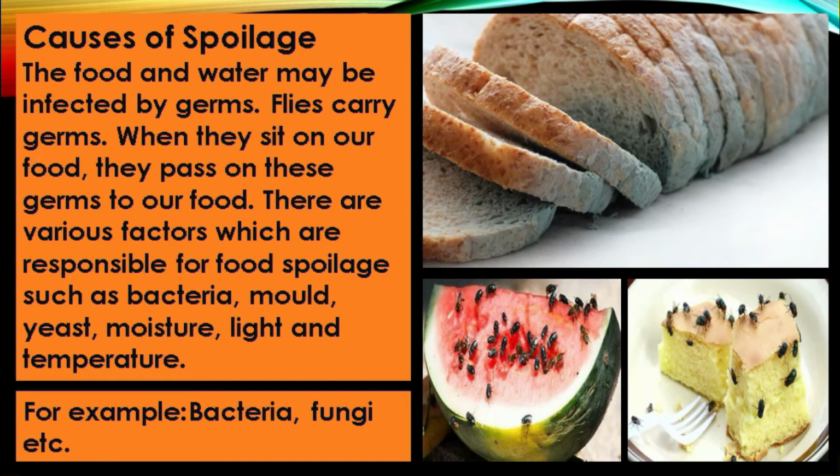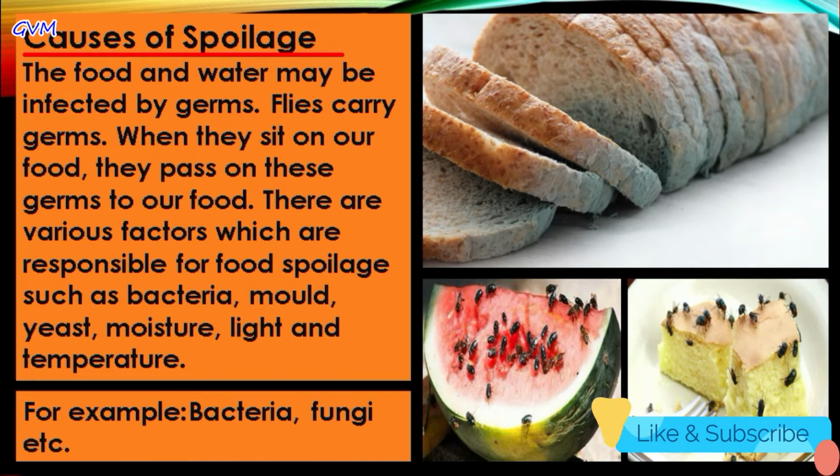Now the question is how the food gets spoiled, or what is the reason behind the spoilage of food. Actually, the food and the water that we consume may be infected by germs, and flies play a very prominent role in transferring germs from one place to another.